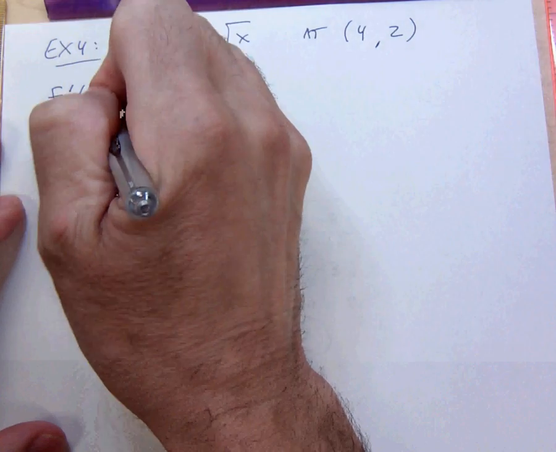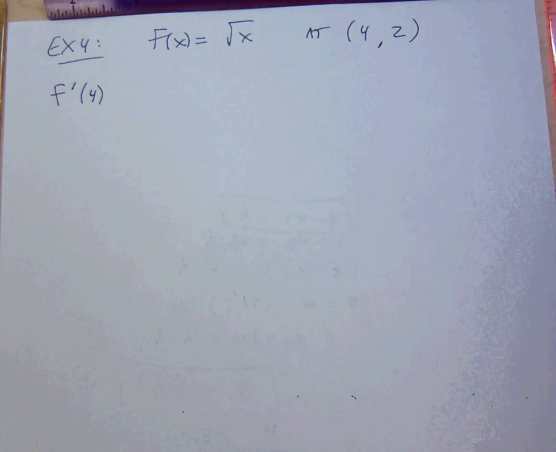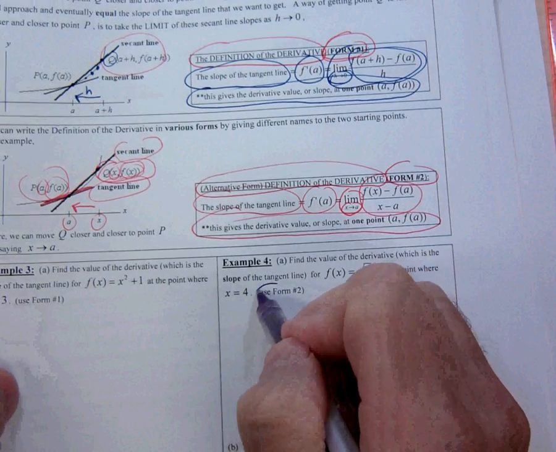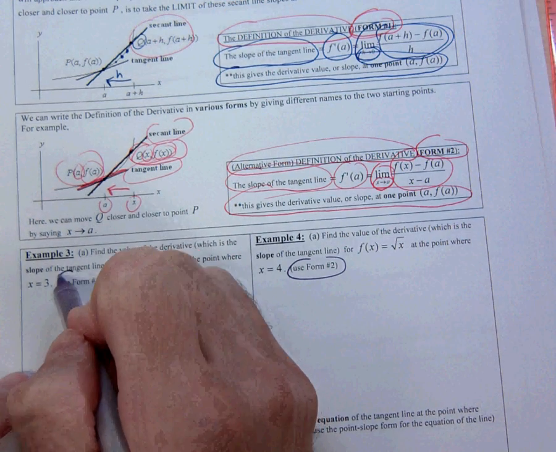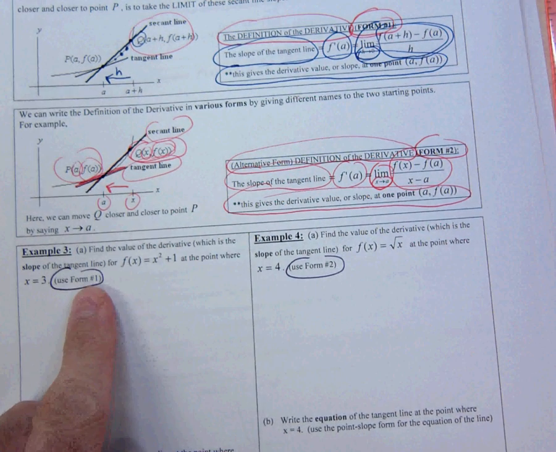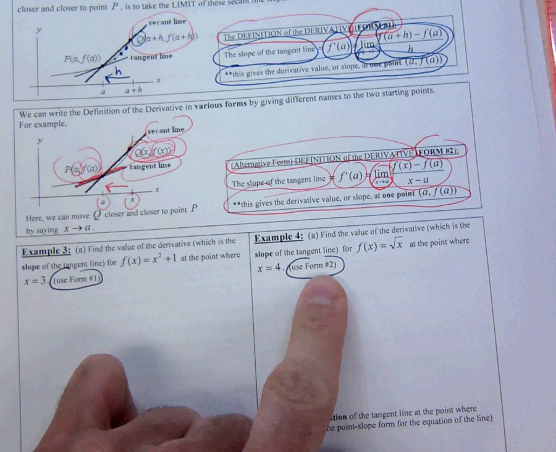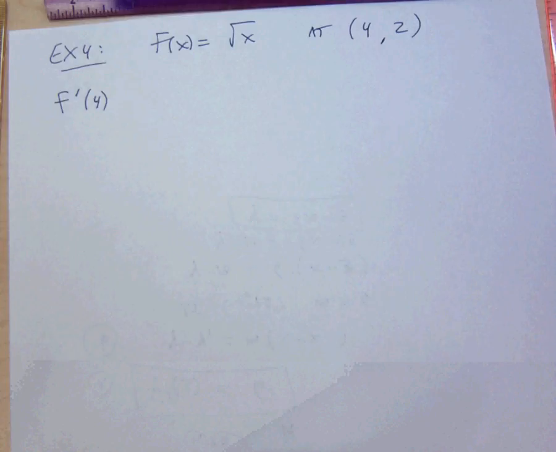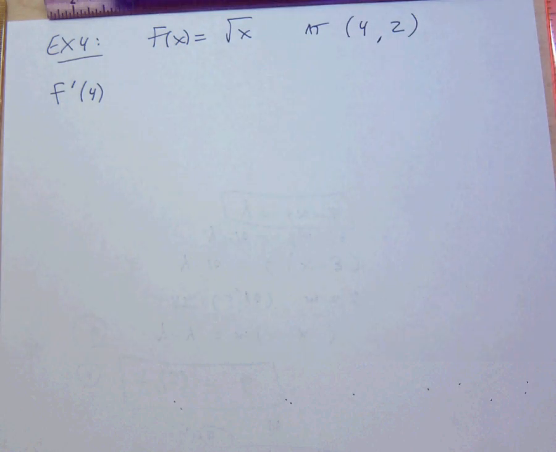And by the way, this time I'm going to use form number what? Yeah, this time it says use form 2. In example 3, we used form 1, didn't we? So now we're going to use form 2 for the definition of the derivative. Make sure you use the right form on tonight's homework as well as on Wednesday's test. Okay, so what's the new form?